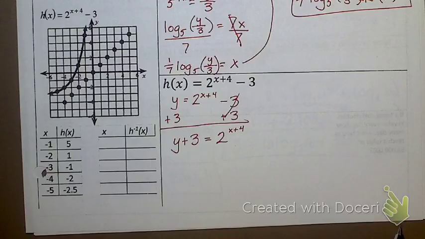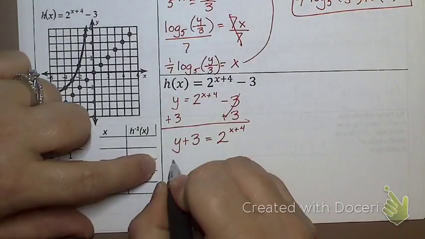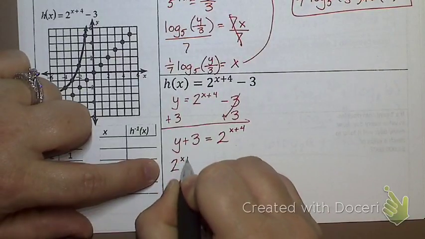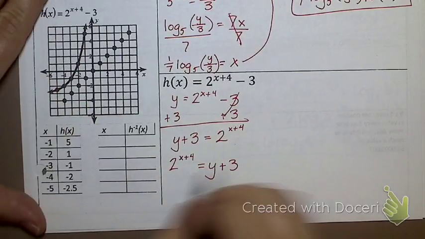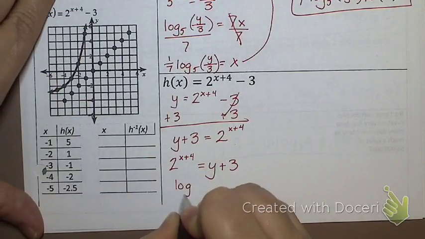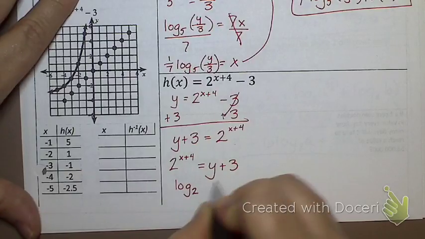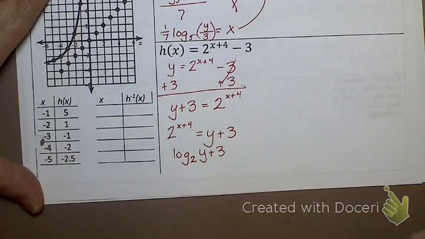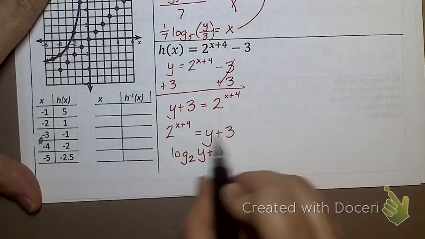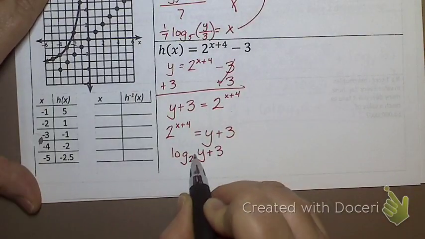Go to log form. It's going to be easiest to do that if my exponent's on the left. So, in log form, what's my base? Of. Now, I'm going to put the parentheses around the y plus 3 because I'm taking the log of the whole thing, not just the y, right?